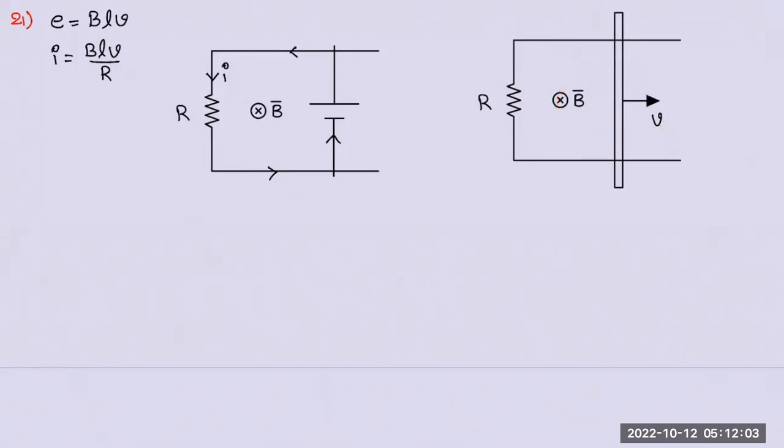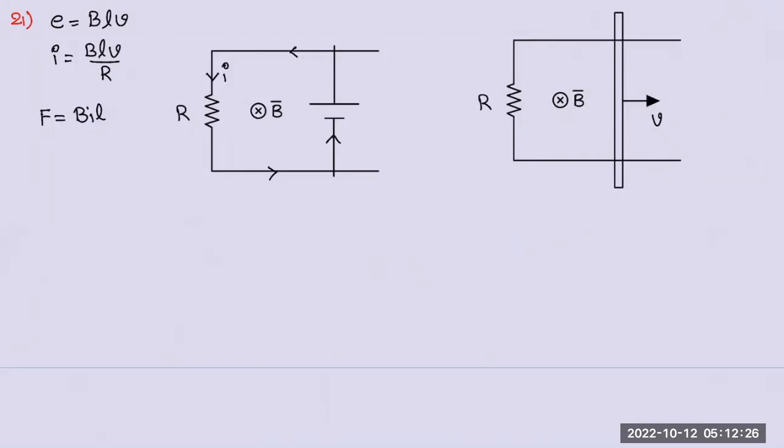The second one is, EMF induced, current will be generated. When a current carrying conductor is placed in a magnetic field, it will experience force. So force F is equal to BIL. Actually, BIL sin theta, but here it is BIL because all are perpendicular.